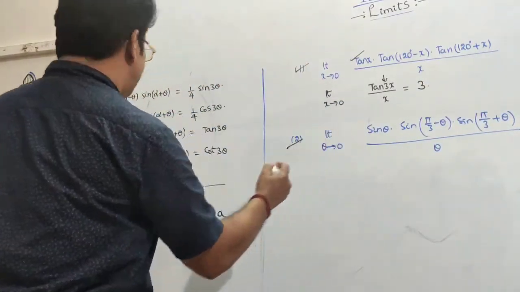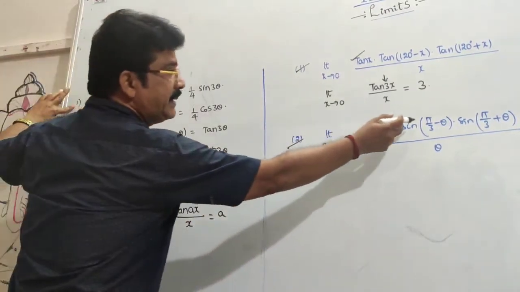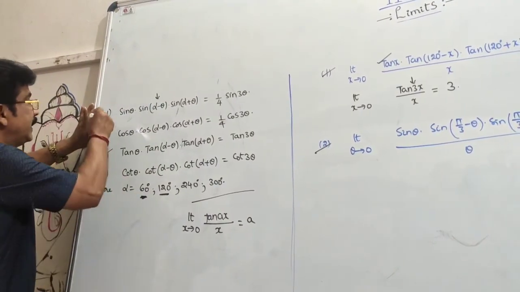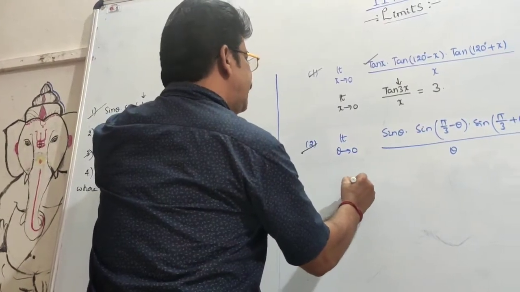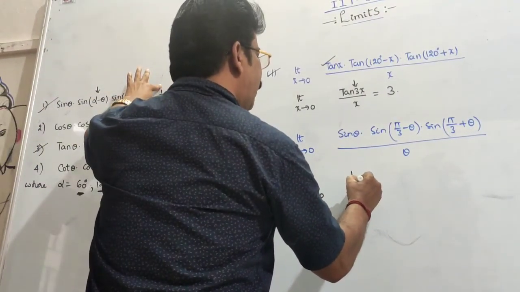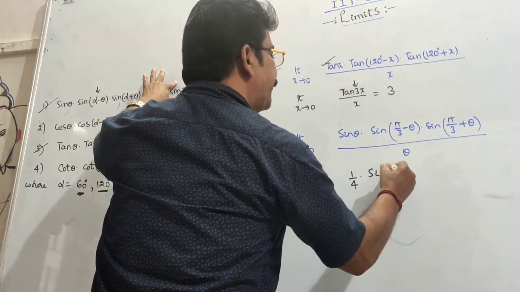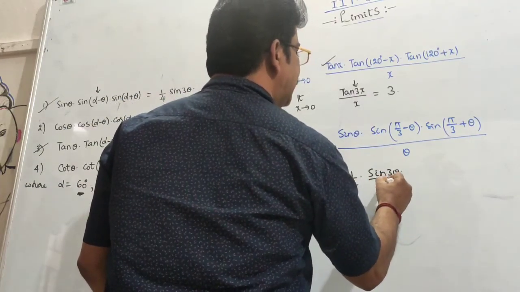Second one, sine. Come to the sine formula. Pi by 3 means 60 degrees. In this case we are applying the first formula. So it is limit theta tends to 0 of 1/4 of sin 3 theta, whole divided by theta.